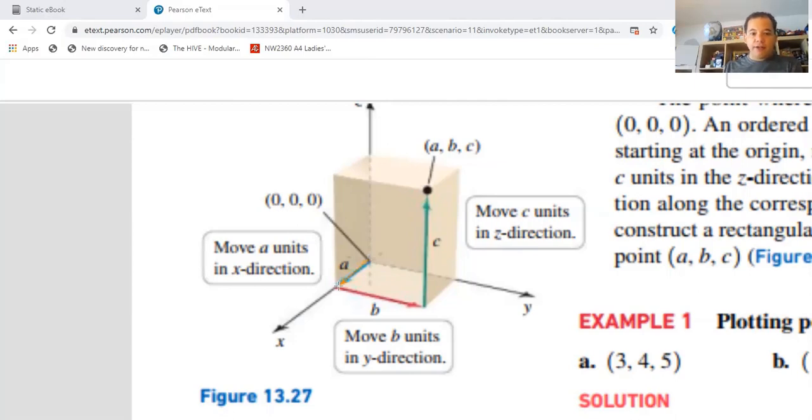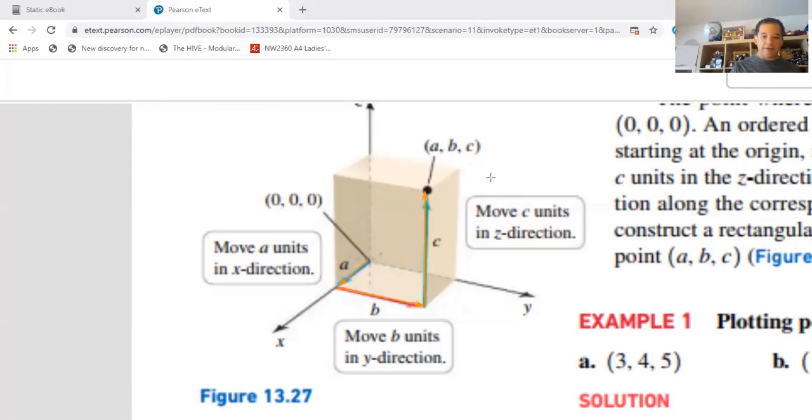Then once you move A units in the X direction, you go B units in the Y direction. So from here you continue over here. And then finally you go C units in the Z direction. And that's how you can locate the point A, comma B, comma C, right? So now points have three coordinates to them, okay?